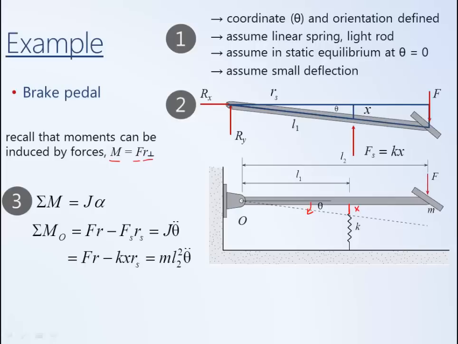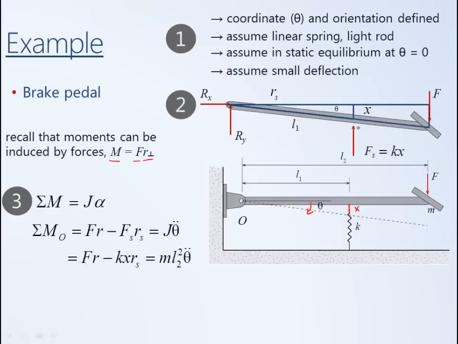In essence, this is what we call a 1 degree of freedom system. Its motion is described by a single variable. In this case, we will use the variable theta to reflect the motion of the system. So we want to be able to express the moment arms and the deflections x in terms of theta, and we can do that using geometry.